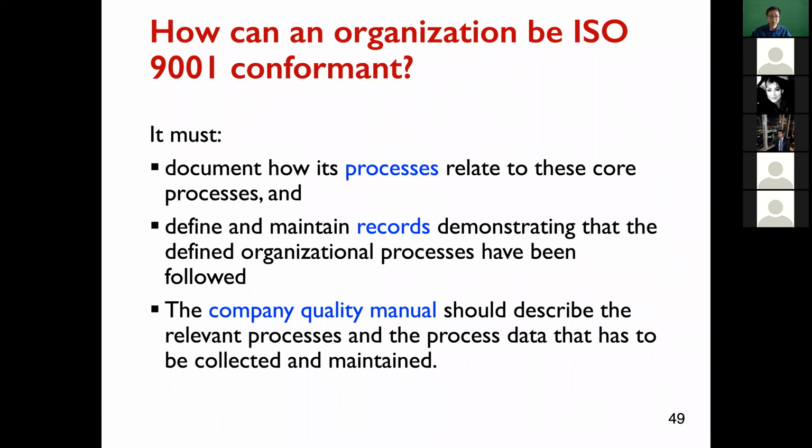And you also need a company quality manual, which for software is a software quality assurance plan. This manual describes the relevant processes and the process data that has to be collected and maintained. You need all three of these in order to get ISO 9001 certified.